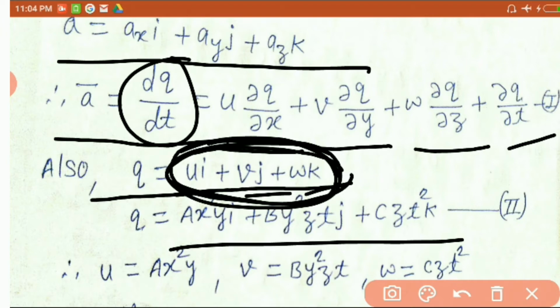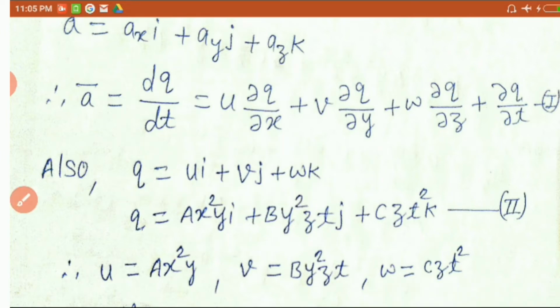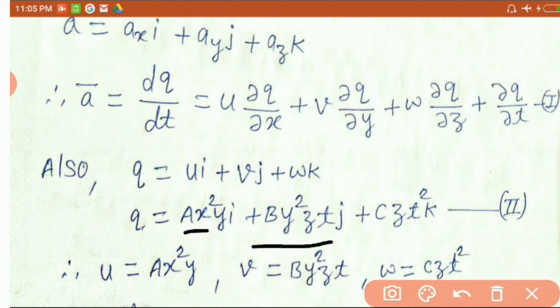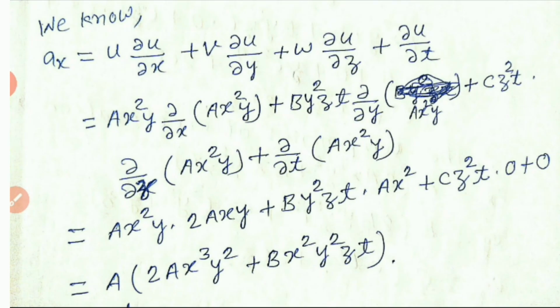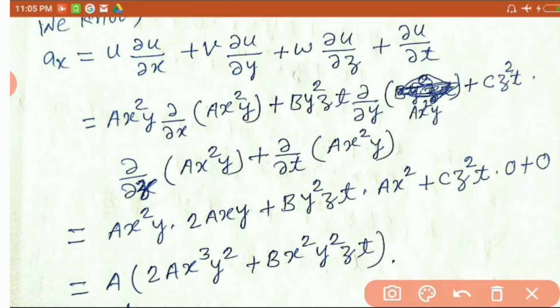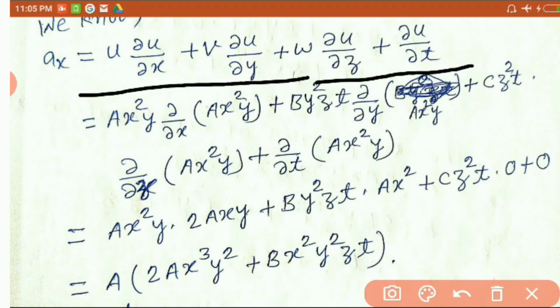So what is u? u is a x² y. v is b y² z t, and this w is c z t². So we know a_x is equal to u ∂u/∂x + v ∂u/∂y + w ∂u/∂z + ∂u/∂t.